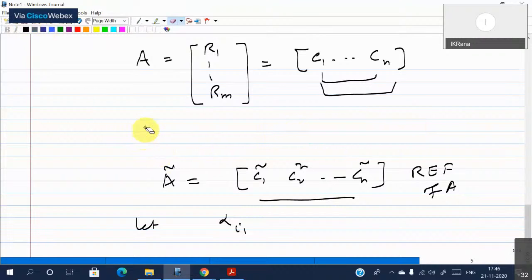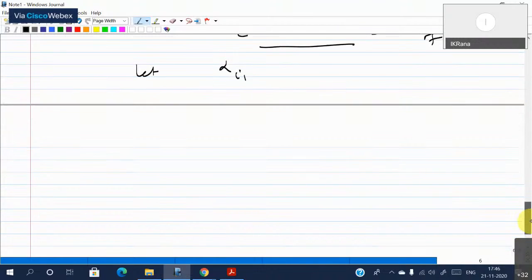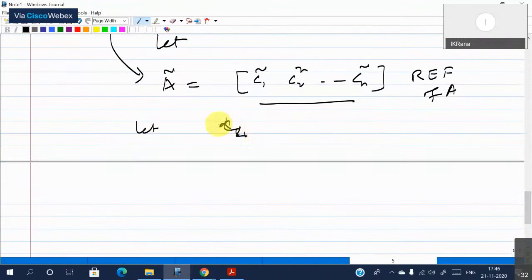Let A tilde, the columns of A tilde are given here, where A is the given matrix and A tilde is the row echelon form of A. Suppose Ci1 tilde, Ci2 tilde, Cik tilde are linearly independent.